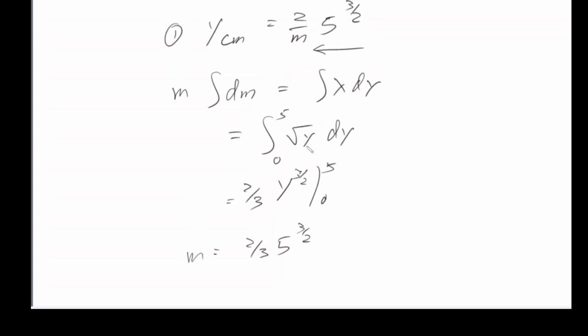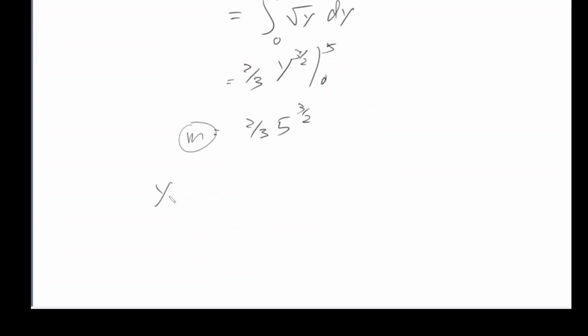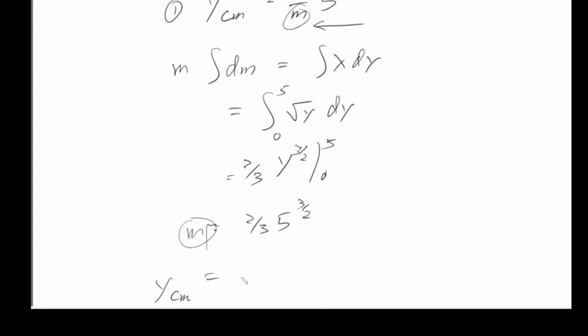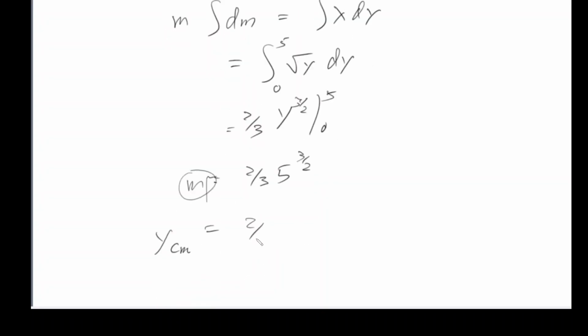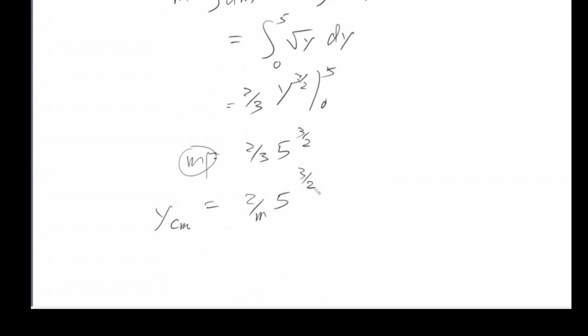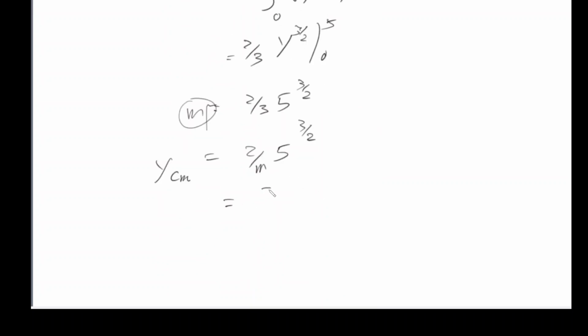And if we substitute that amount we found for m into this equation, so y center of mass is equal to 2 over m times 5 to the 3/2, which now becomes 2 over 2/3 times 5 to the 3/2, times 5 to the 3/2.